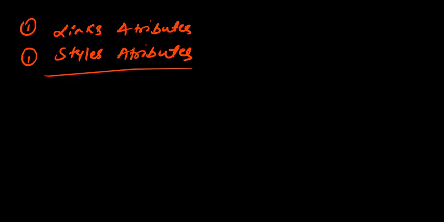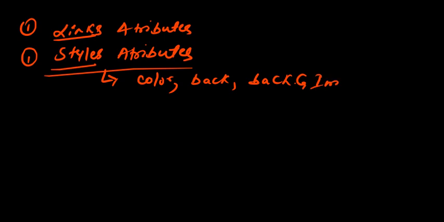In interviews they may ask you this, and if they do, it means your interview is going to a deeper level. If he asks for an example of a style attribute, we can say color, background, background image, these things.